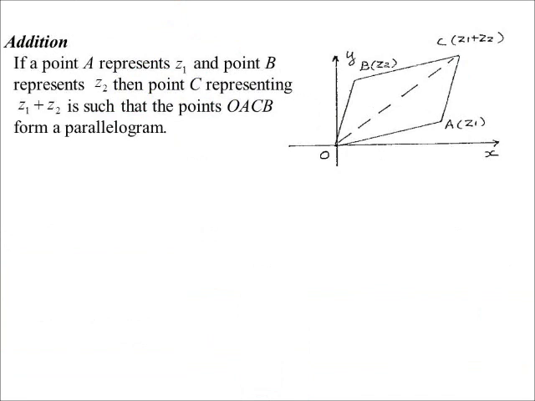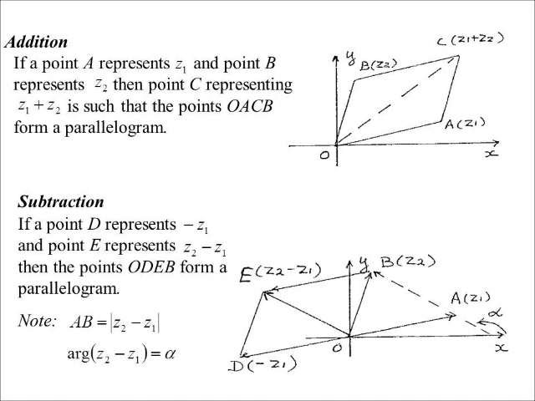So, okay, let's have a little bit more look at addition. So there's our parallelogram that we just saw, but drawn freehand. So addition, as I say, is when we add them, we'll end up at that third point there, Z1 plus Z2. Subtraction is when we slide it and put the tail there.